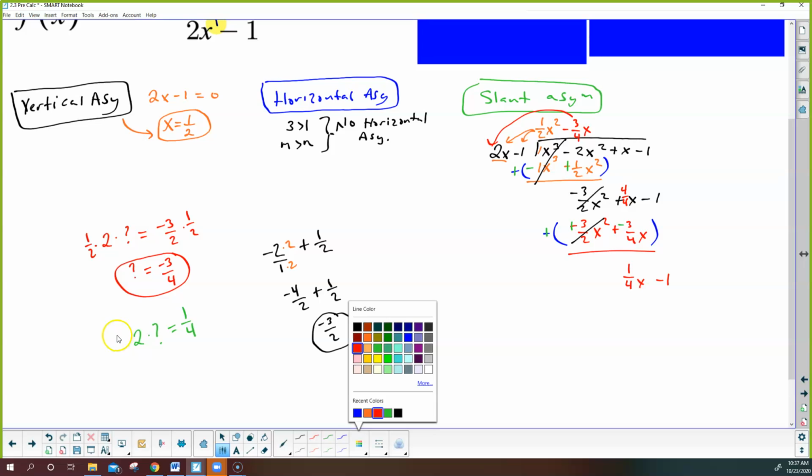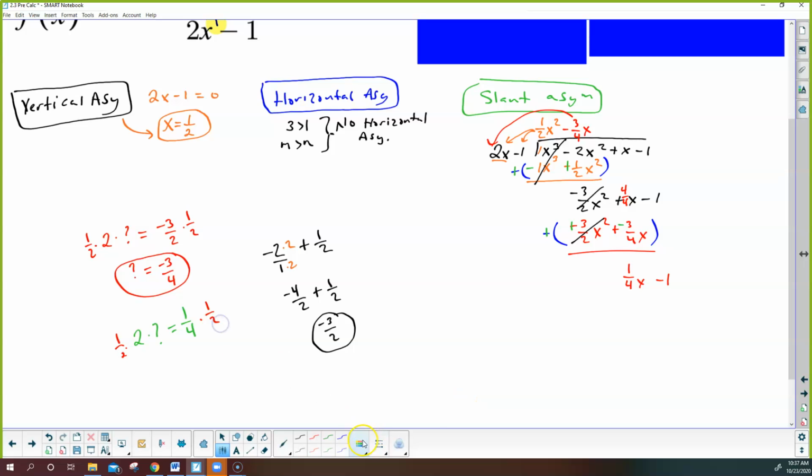So instead of timesing by 2, I'm going to move the 2 over to the other side and figure out that something that I have to multiply 2 by needs to be 1/4 times 1/2, which is 1/8. So that's where the 1/8 came from.